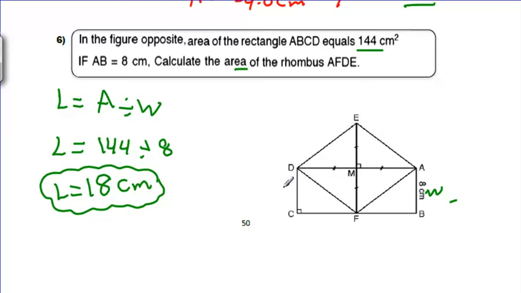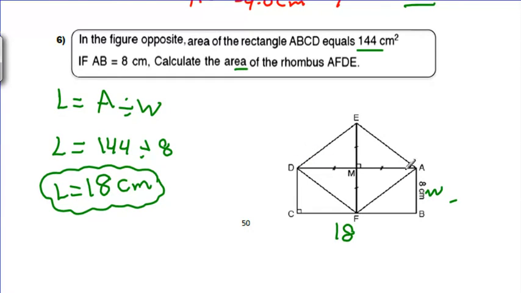So the length BC equals 18 and AD equals BC. Why? Because the two opposite sides are equal in length, so AD is also 18 centimeters.